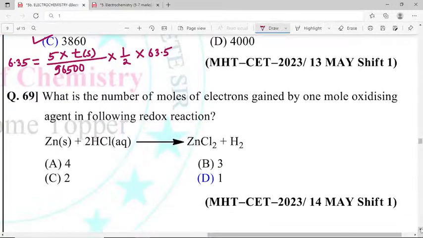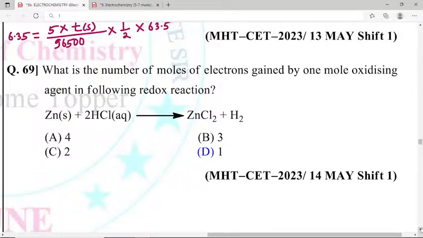Next question: what is the number of moles of electrons gained by 1 mole of oxidizing agent in the following redox reaction? First find out the oxidizing agent here. This is 0, this is Zn2+. So oxidation takes place here, that is reducing, and they have asked about the oxidizing agent. So they have asked about HCl.